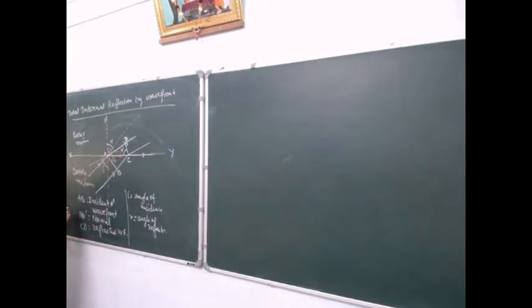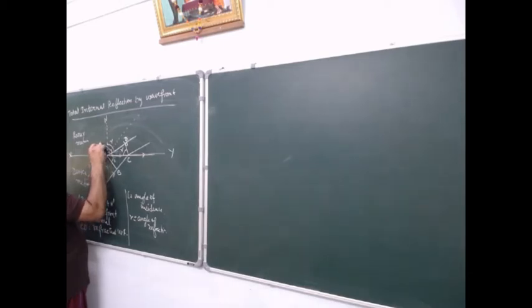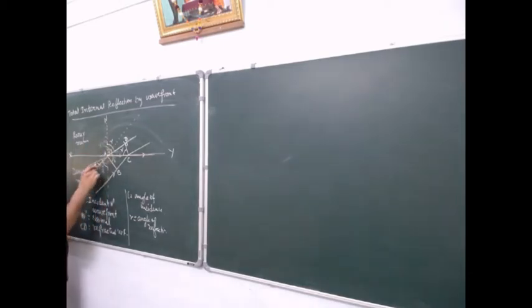Let me draw separately also, using different colors so that you will be able to understand. So this is R equal to 90 degree, and this is the critical angle. So that is I, you can put C here. This angle is C. Are you able to understand?